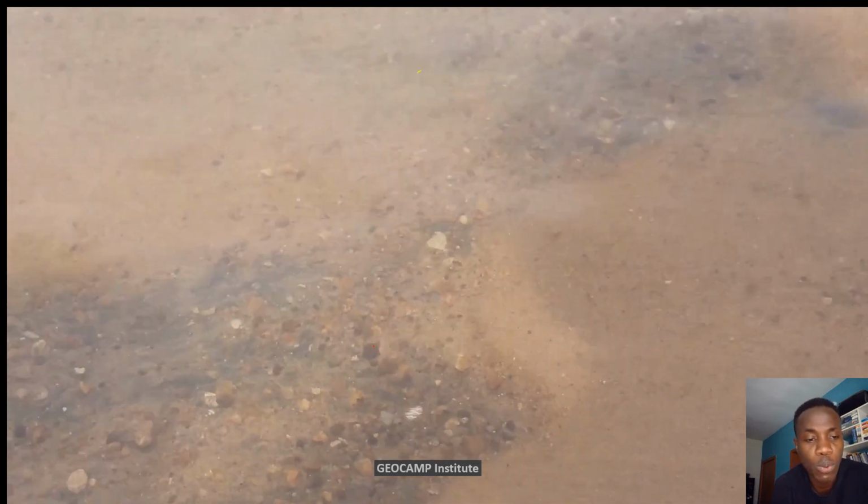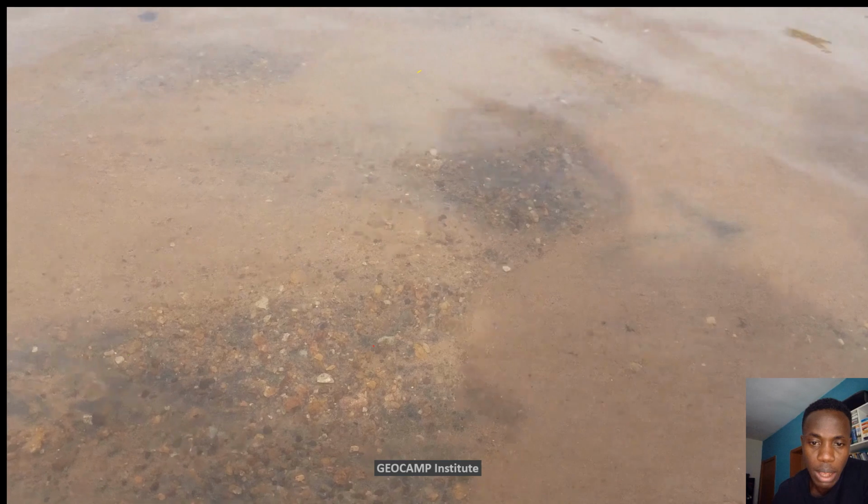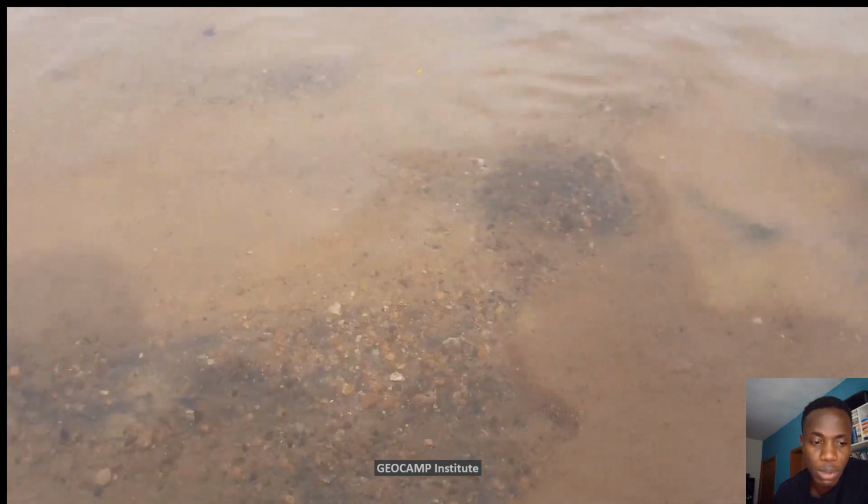And then we also have the suspension components, which are the very fine grain to clay components that are just there in suspension within the mass of water, which visually we can't see, but if you subject this area to much quieter energy conditions, you will see them settle out as more muddy or clay components.